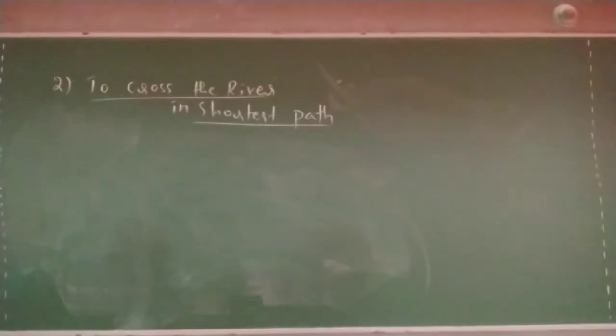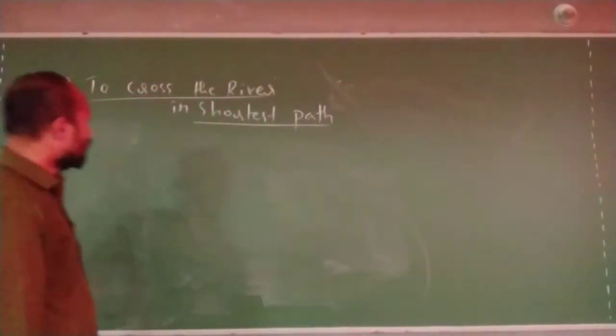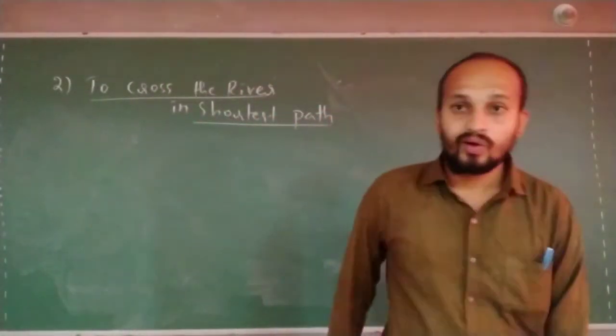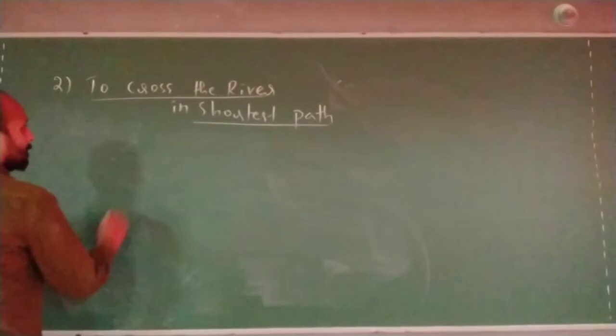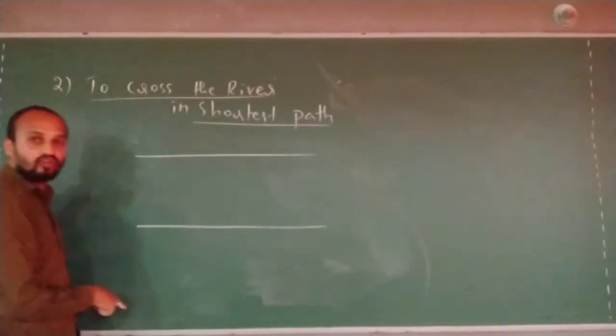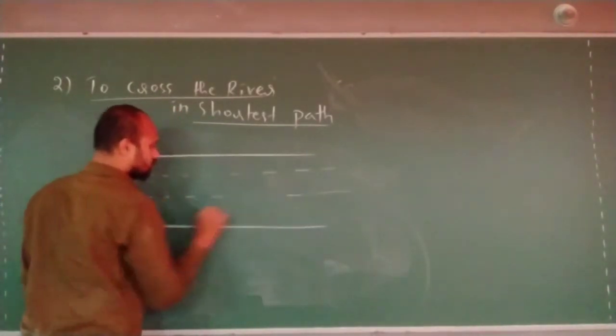Okay. See here, to cross the river in the shortest path, this is the second application of relative velocity. What I am doing is, I will consider two banks of the river. Water is flowing like this.